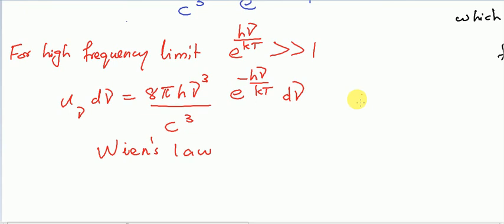Hence, using equation 10, Planck's distribution law, we satisfactorily explained the lower frequency side and the higher frequency side of the black body radiation spectrum. So Planck's hypothesis successfully explained the black body radiation spectrum, and this was the beginning of quantum mechanics. Thank you, students.